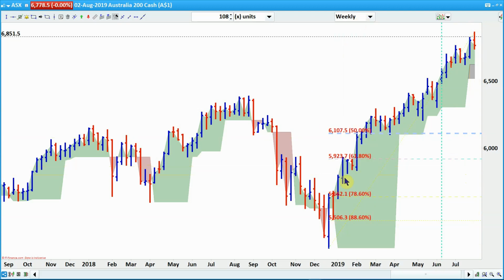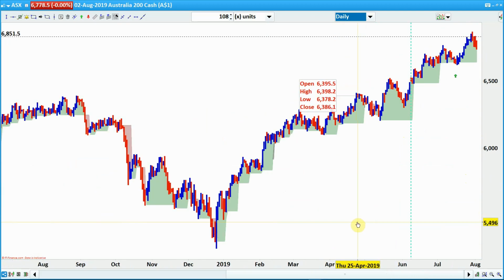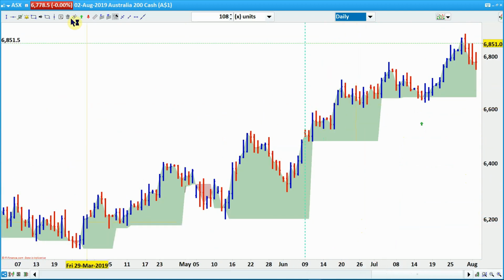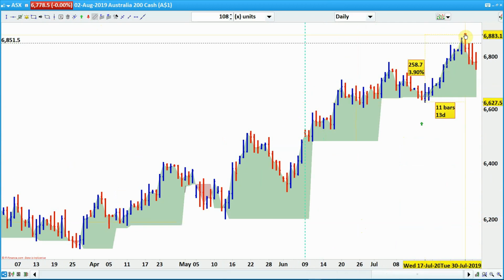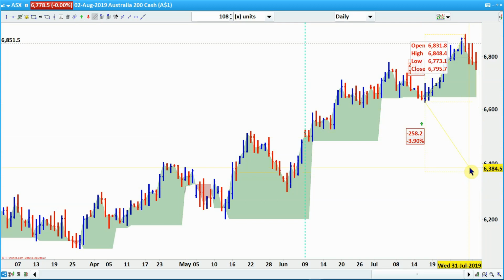And in a daily chart, if we measure the scope from this block to that block, which is 258 pips, then we take 258 pips to here, up to this point, which is 6,365. So first target is 6,600, then 6,500, then 6,300, and then 6,100.